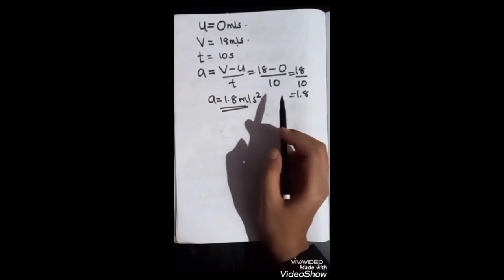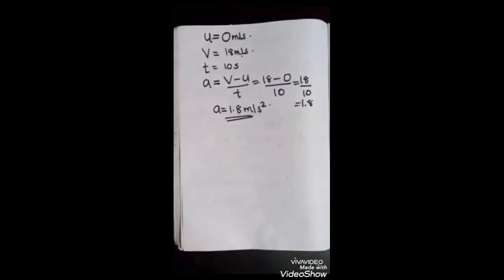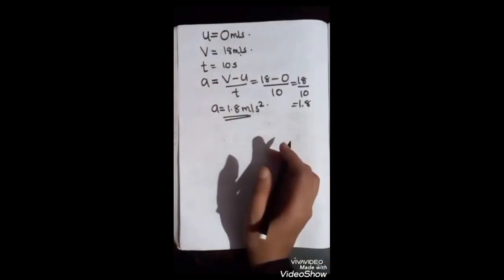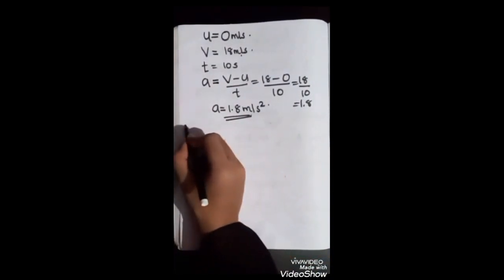Then we move on to the second question, that is, a train starting from rest moving with a uniform acceleration attains a speed of 90 km per hour in 5 minutes. Find its acceleration. It was given a train starting from rest.